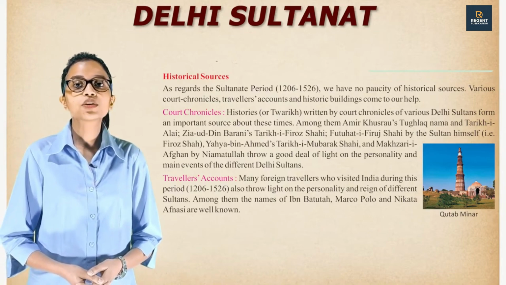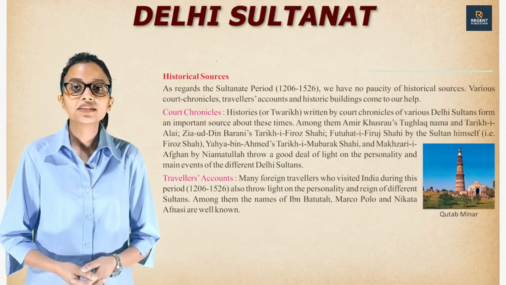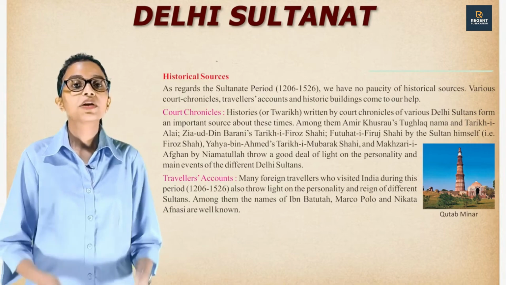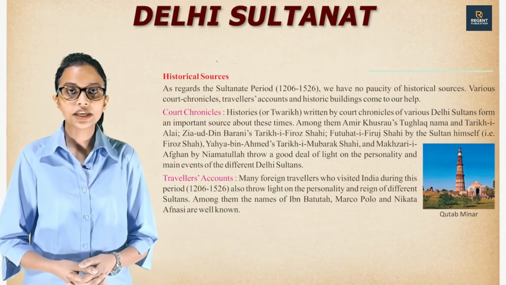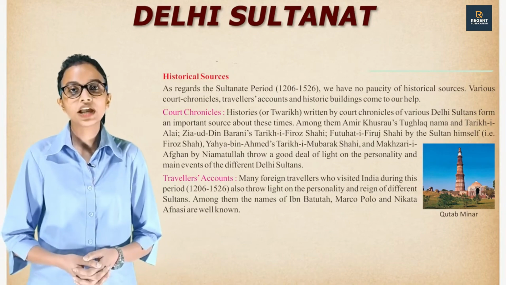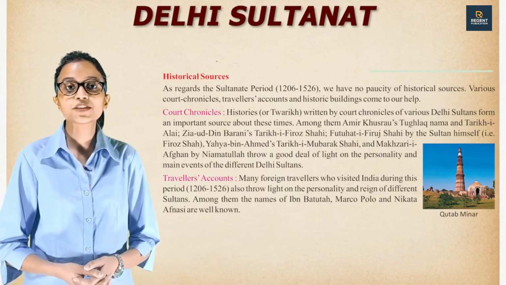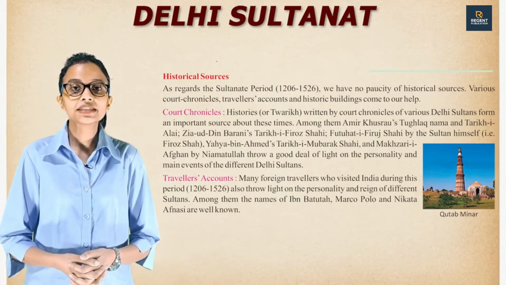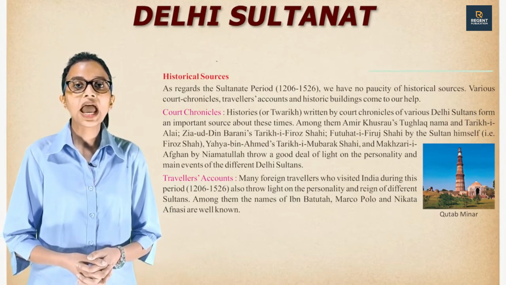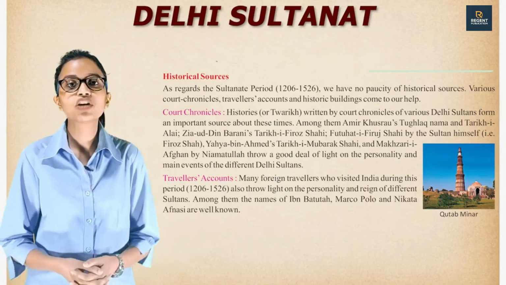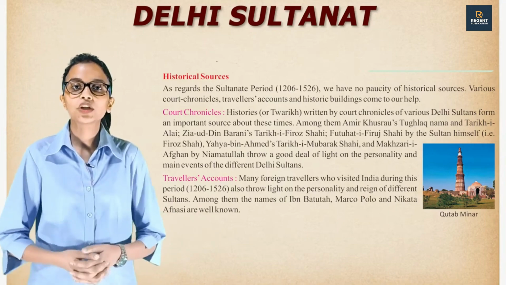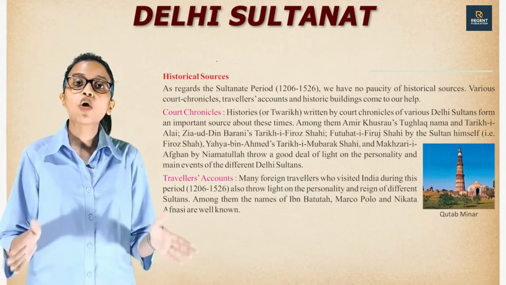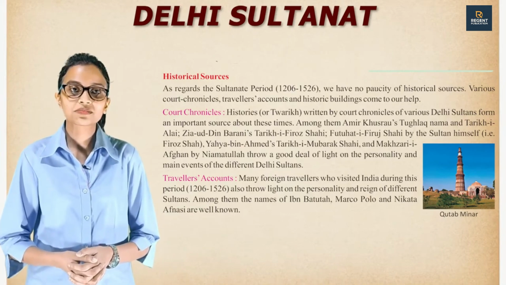Among them, Amir Khusrau's Tughlaqnama and Tarikh-i-Alai, Ziyauddin Barani's Tarikh-i-Firozshahi, Futuhat-i-Firuzshahi by the Sultan himself, that is Firoz Shah, Yahya bin Ahmad's Tarikh-i-Mubarakshahi and Makhzan-i-Afghani by Namatullah throw a good deal of light on the personality and main events of the different Delhi Sultans.